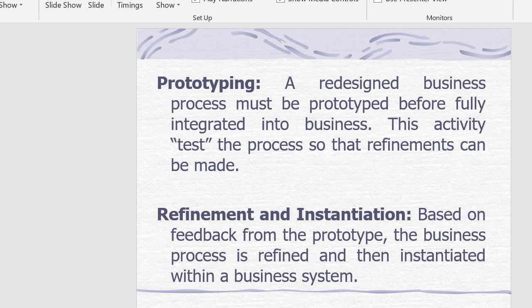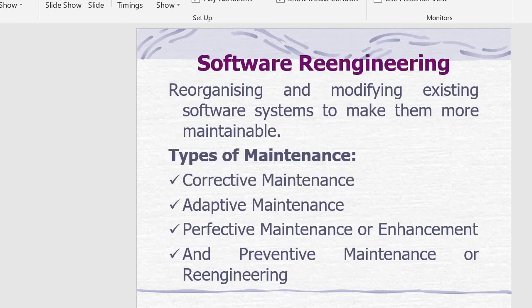Based on the feedback from the prototype that we developed in the last phase, the business process is refined and then instantiated with the business system. So this is what we discuss about business process re-engineering.